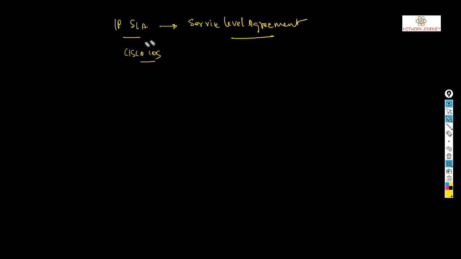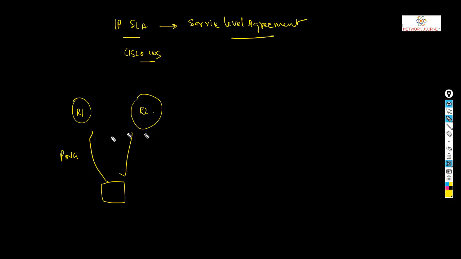So there are a couple of things IP SLA can be used with. For example, consider I have two routers. If we have the host machine, I can set some ping between them, right?